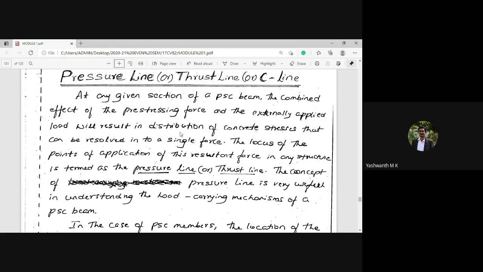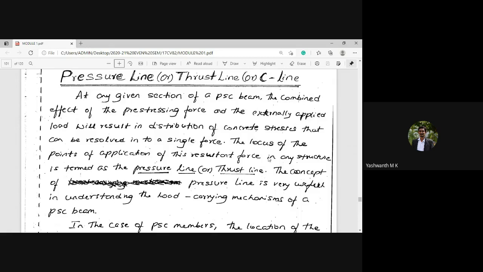The locus or point of application of this resultant force in any structure is termed the pressure line or thrust line. So this pressure line is the line in which the resultant of the pre-stressing force and the externally applied load will act. That particular line is called the pressure line or thrust line.